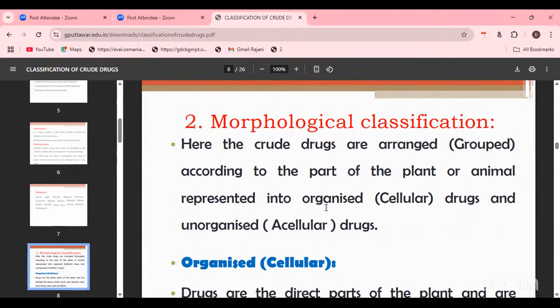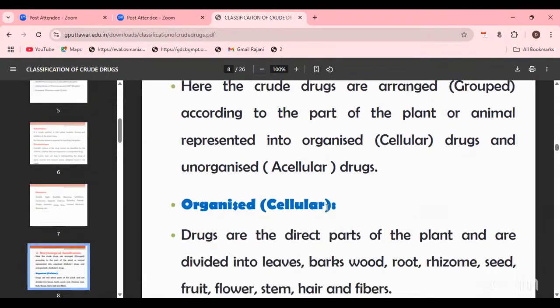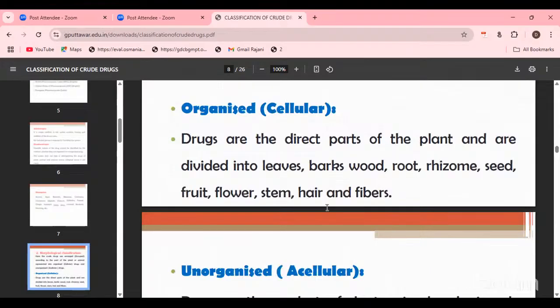First, organized cellular drugs. Drugs are the direct part of the plant and are divided into leaves, bracts, wood, root, rhizome, seed, fruit, flower, stem, hair, and fibers.